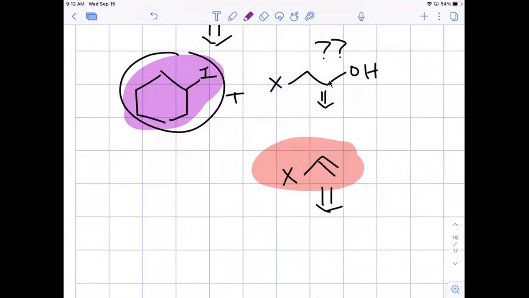It's a way we've already talked about. Actually, there are two ways you can do it. This is the retrosynthesis part, right? We're just working backwards, but we're trying to figure out how we can put these two pieces together. The purple and the red? Yes. What methods that we have discussed could we use to put those two together?